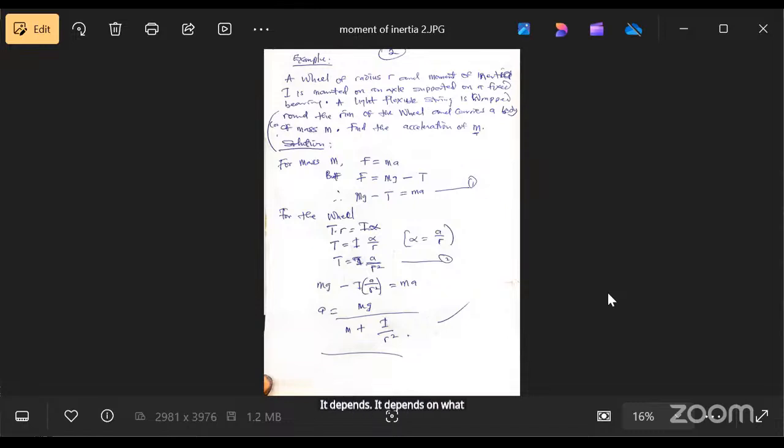This question is asking you to get an expression for acceleration. Because it is talking about an expression for acceleration, it means that there is a movement. If there is a movement, then our weight is greater than the tension. That is why you have mg minus T.